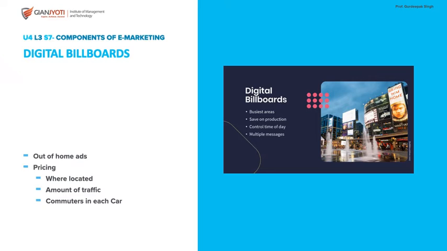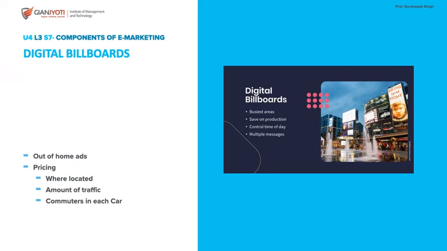After the PPC marketing, let us discuss the digital billboards. We also call these out-of-home ads. So when you are not in the house, you are outside your home and you see these ads. Generally the billboards are in the busiest areas, and you save on the production cost, because unlike the paper ads, you do not have to design and do a lot of work.